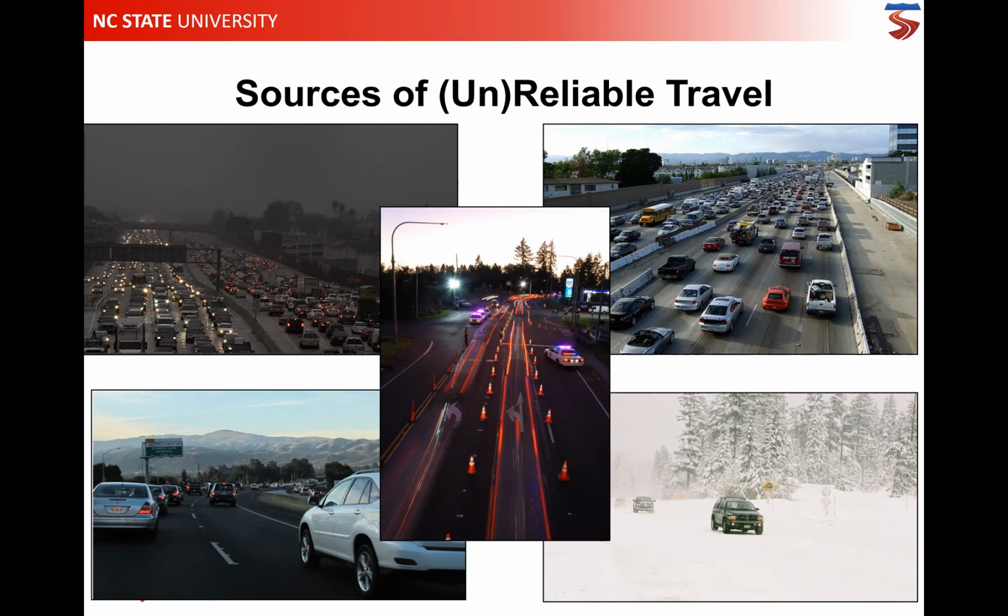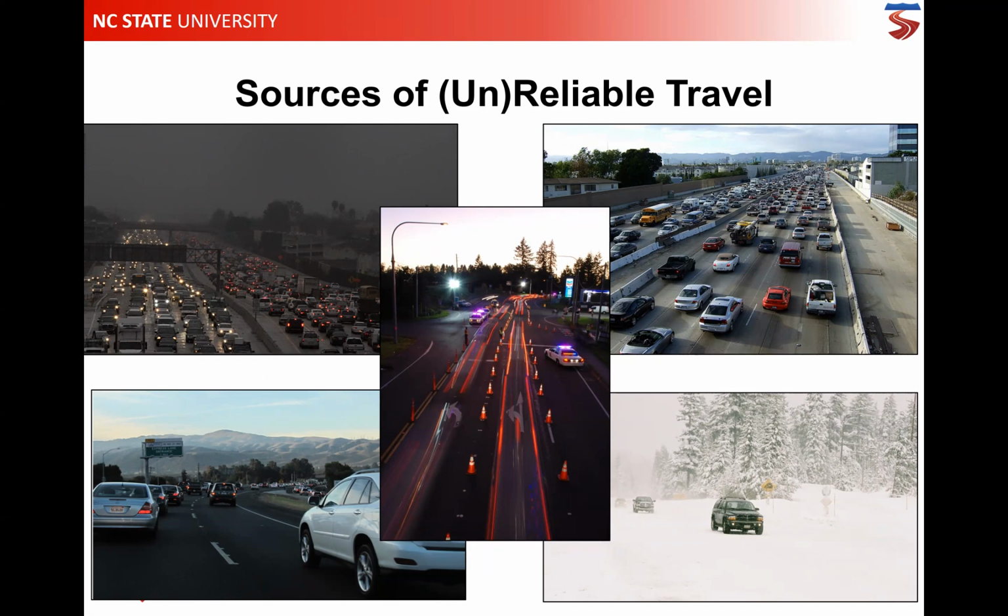In addition, we could have situations of incidents, which Behzad talked about. Incidents could include shoulder closure, could include multiple lane closure, could include a number of these based on the severity of the incident. And of course, weather events that tend to be localized in nature.